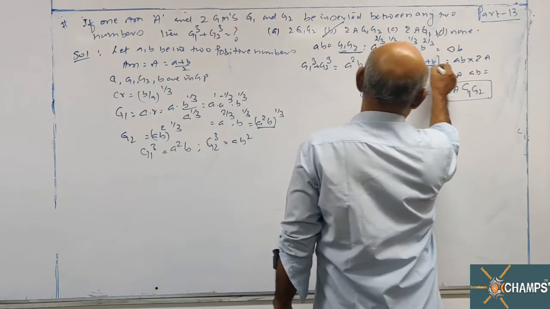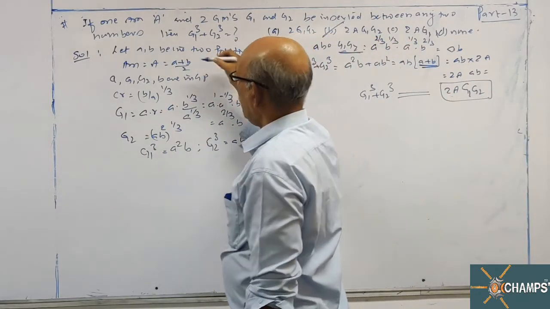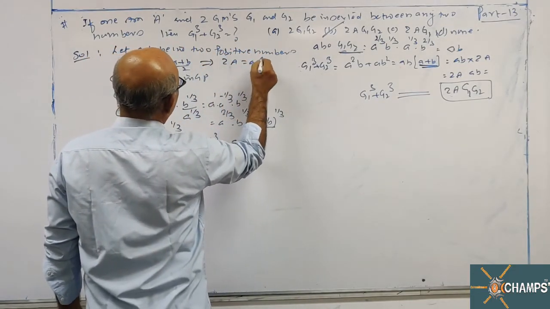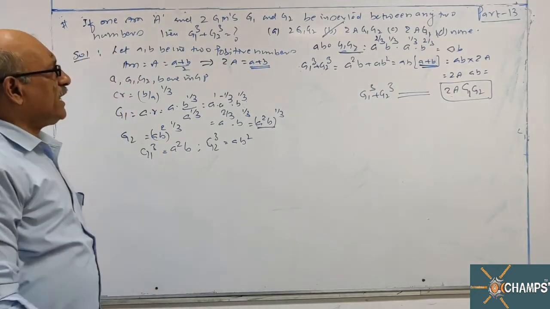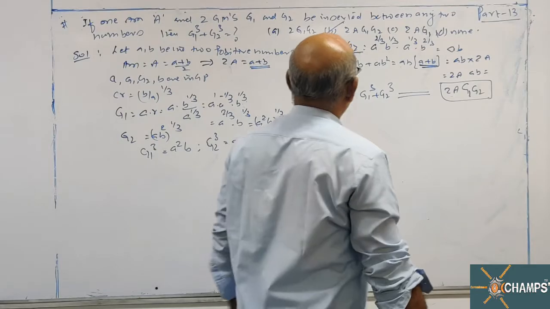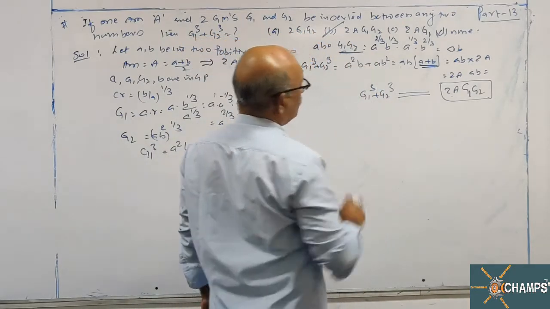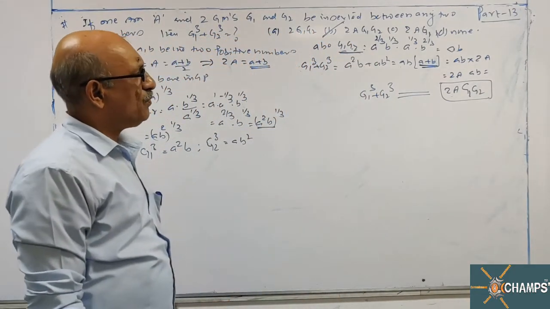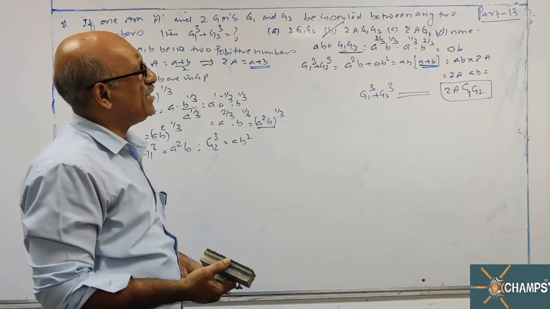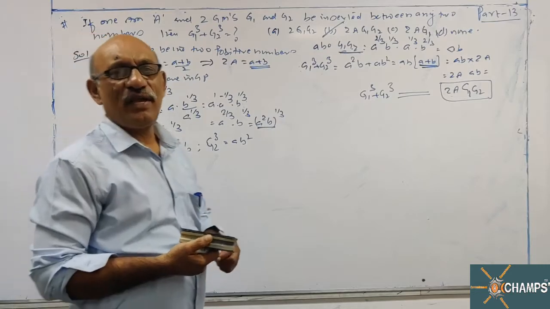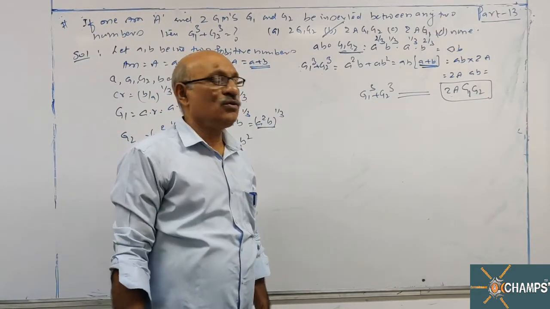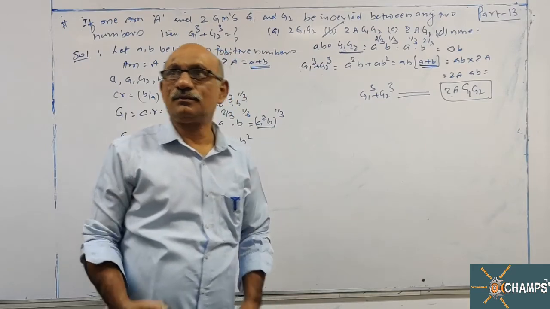But I can replace a plus b. Look at this, 2A is equal to a plus b. Also, ab is equal to G1 G2. Therefore, G1 cube plus G2 cube is equal to 2A G1 G2. It is a standard problem. Answer will remain the same. So G1 cube plus G2 cube is 2A G1 G2.